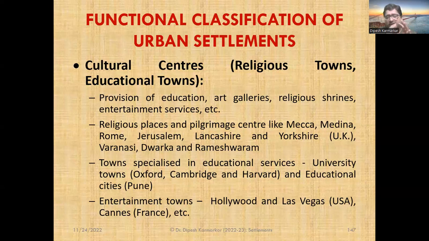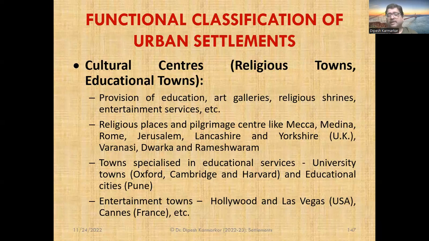So everything related to education we'll find in abundance in such towns. So we have university towns, for example, where the university is the center and around which the town is built or developed. So Oxford, Cambridge, Harvard are all examples of university towns.